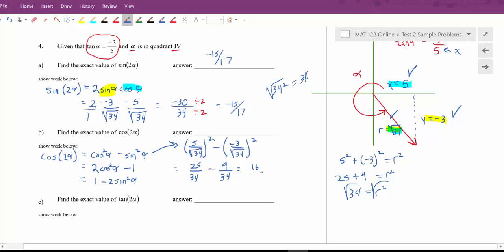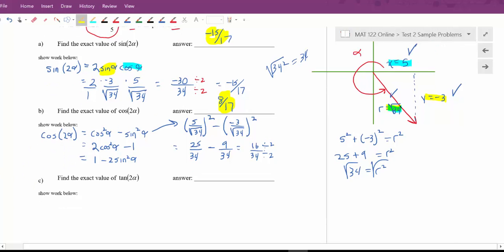So that's going to give 16 over 34. Then we need to just divide that by 2 over 2, so that's going to be 8 over 17. Okay, so we got the answer to the sine of 2 alpha and the cosine of 2 alpha like this.